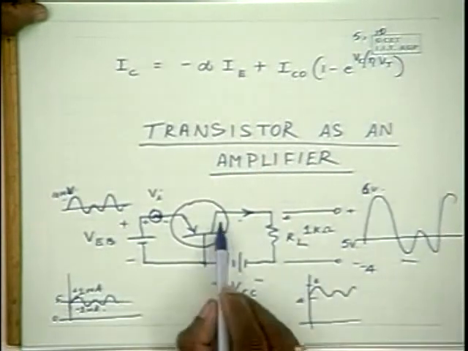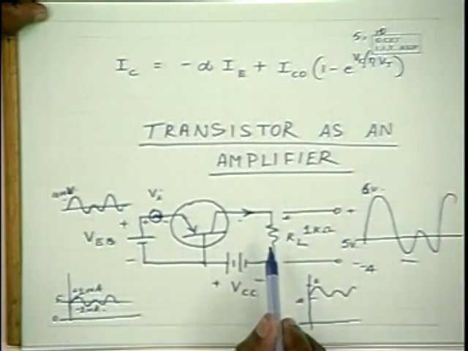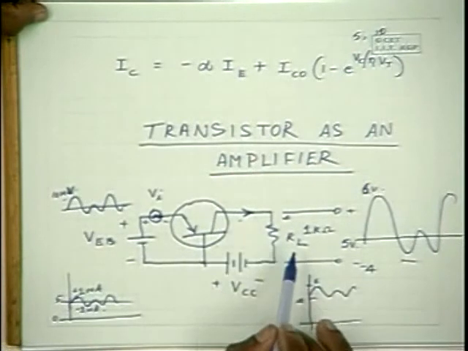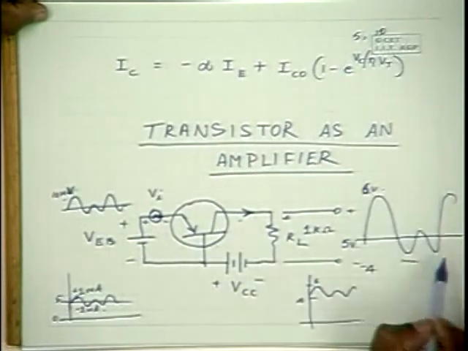Because of this reason, we can afford to use a large resistance here. See that this current drops across this resistance and gives you an amplified signal. So this is what is helping you in amplification.